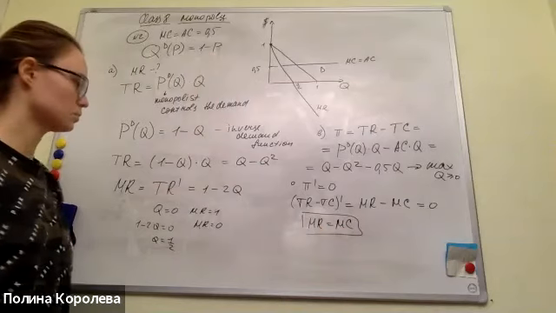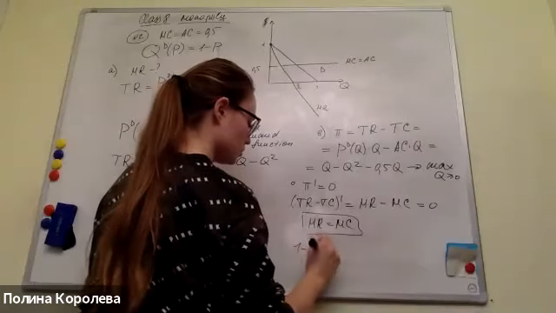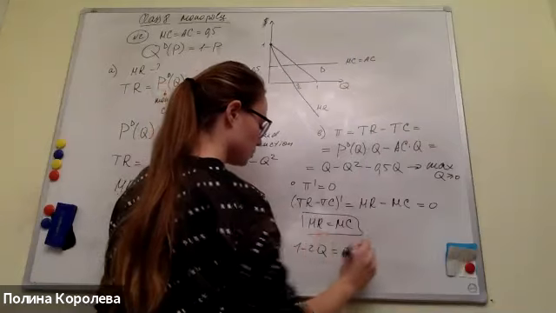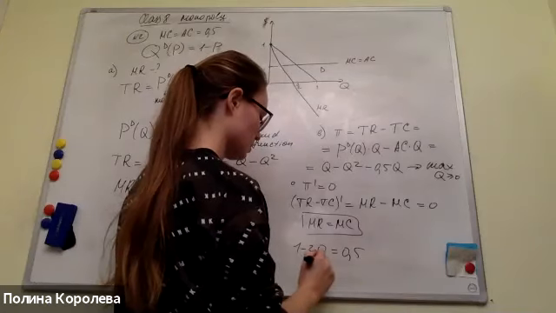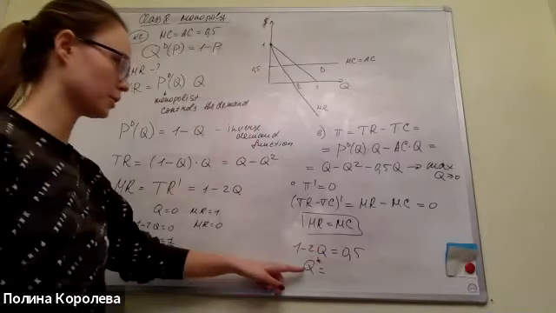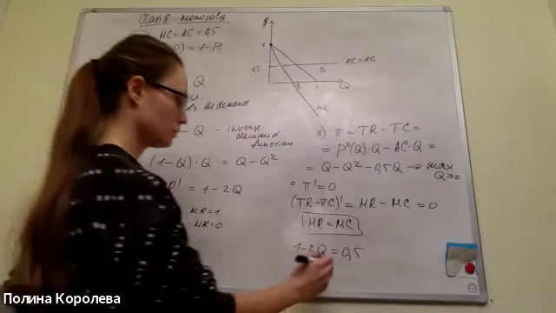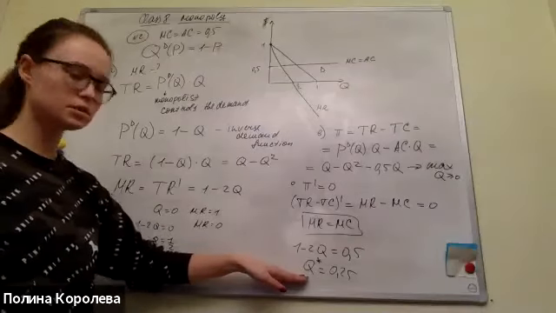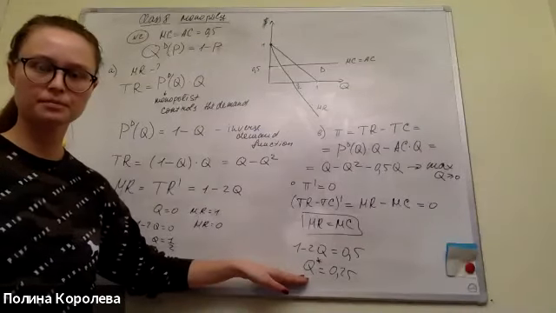I hope you know it. We can count it. Marginal revenue equals marginal cost. 1 minus 2Q equals 0.5. So quantity equals what? 0.25. Yes. So this is the quantity that the monopolist will sell.